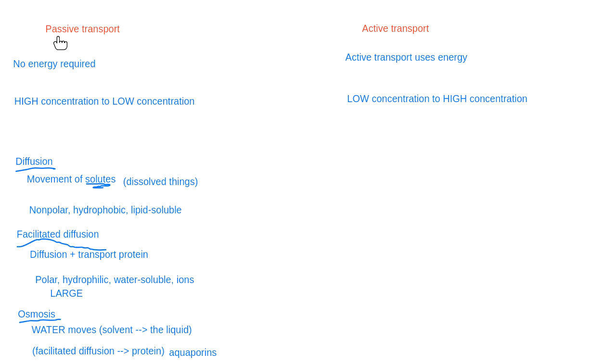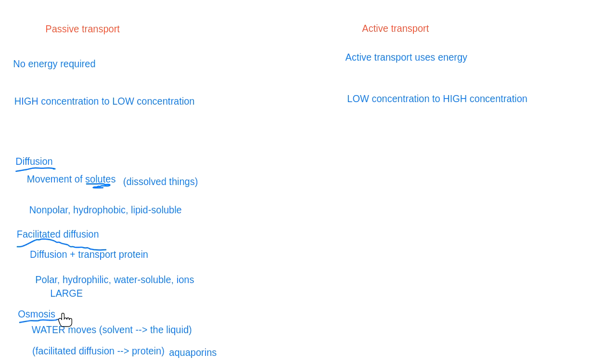Since we know that these are examples of passive transport, you can tell me every time that doing diffusion does not take energy, or that doing facilitated diffusion means I'm moving something from high concentration to low concentration. Or you can tell me in osmosis, again, no energy required.